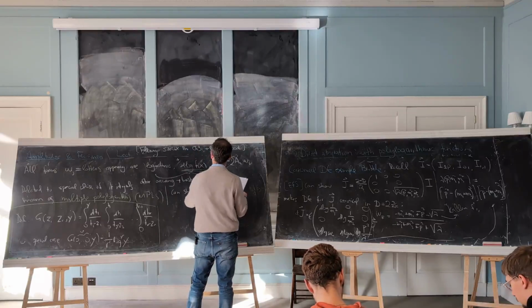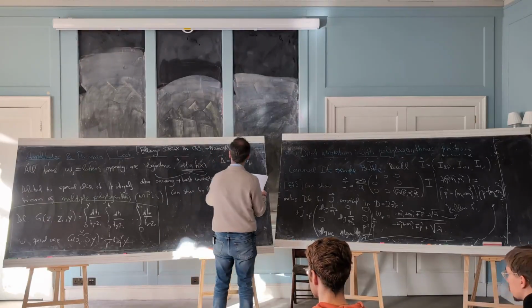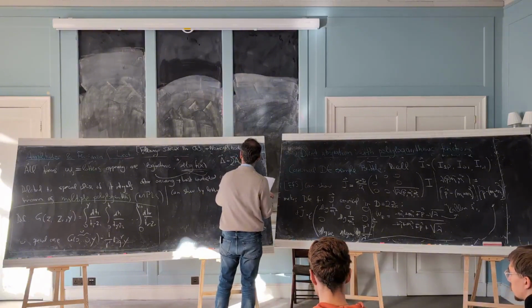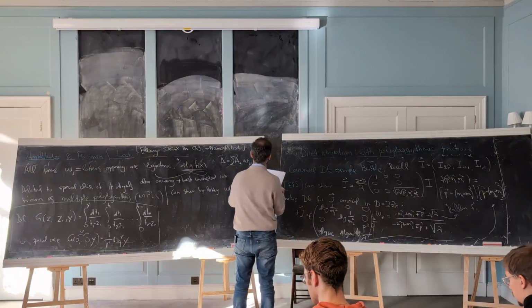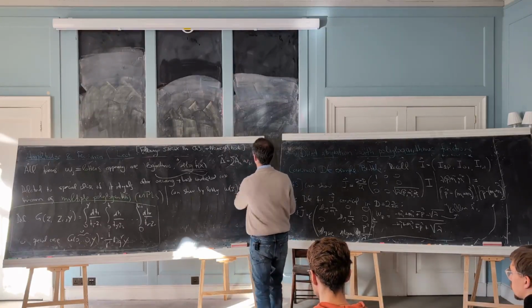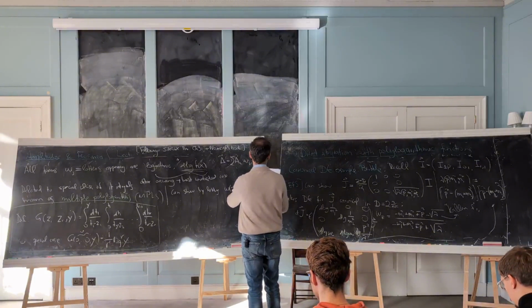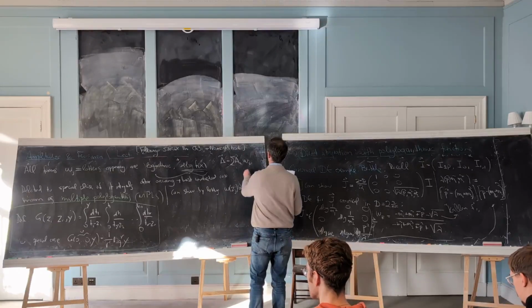You can show by letting w of zj be dx over x minus zj. So these will be our forms. They have this parameter zj, which is treated as fixed.